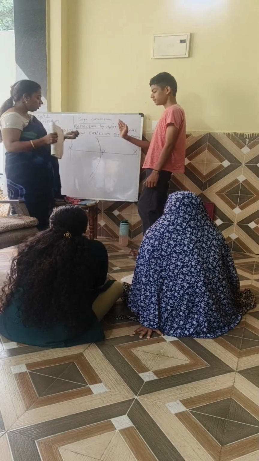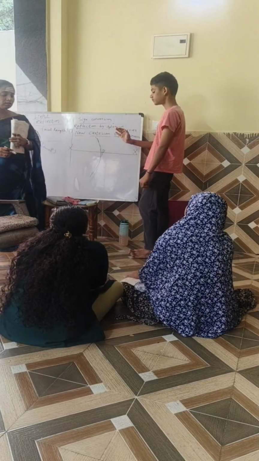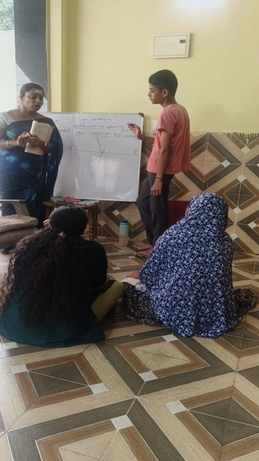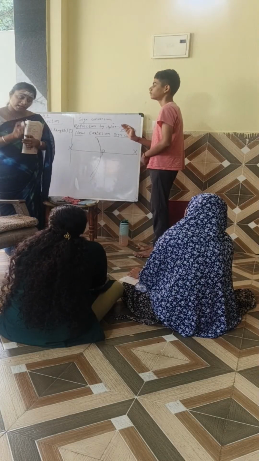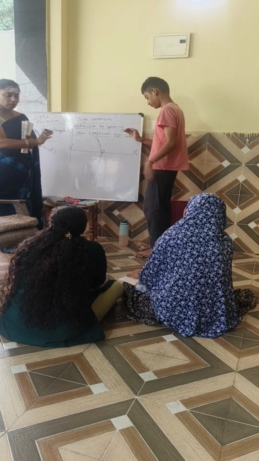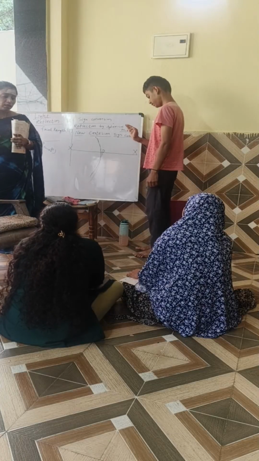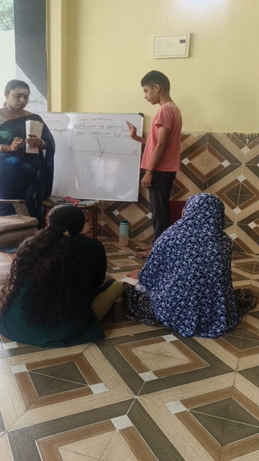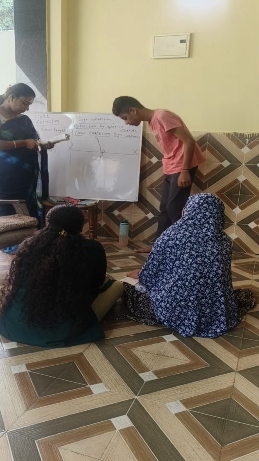What is rule number one in the new Cartesian sign convention? Always keep the object on the left hand side, so that the light rays fall on the mirror from the left side only. Are you clear with this first point? Sit down.